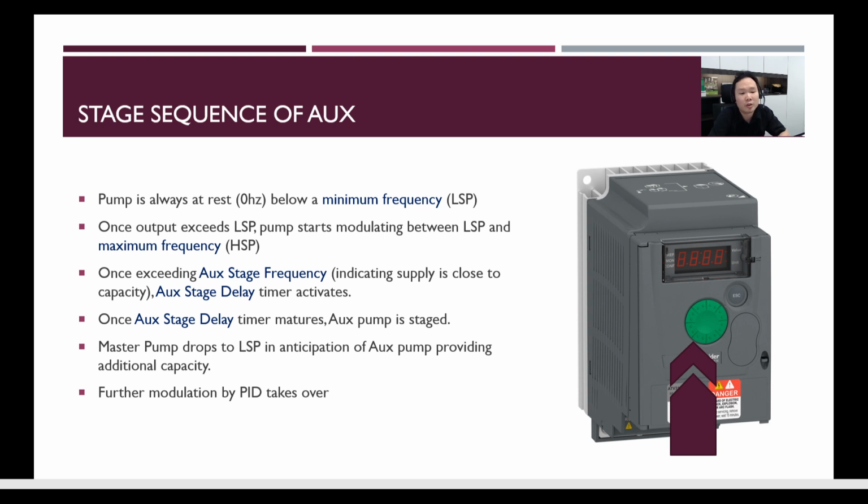Okay, so once we exceed the aux pump stage frequency, which basically indicates that our supply is very close to capacity, the auxiliary stage delay timer activates. It has a function where you can delay staging the pump. But usually, in my experience, we don't delay staging.